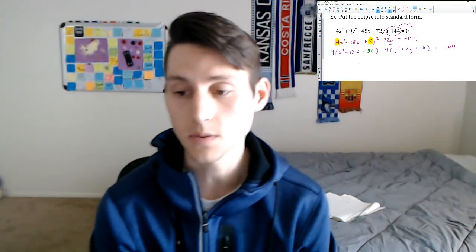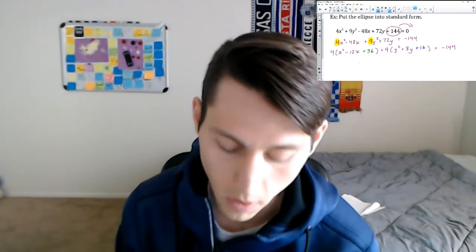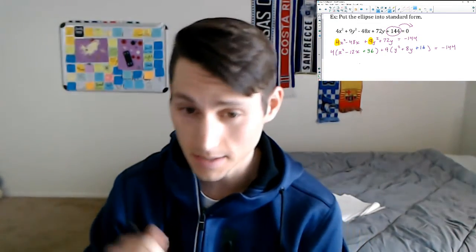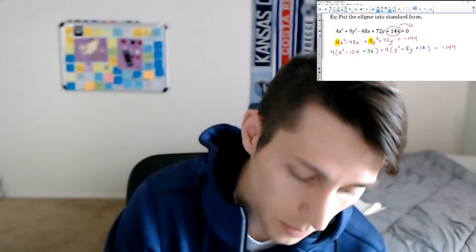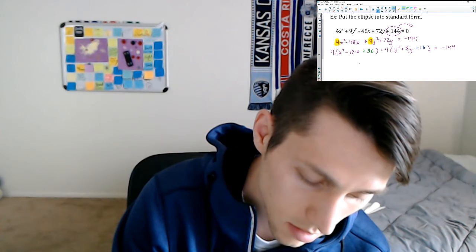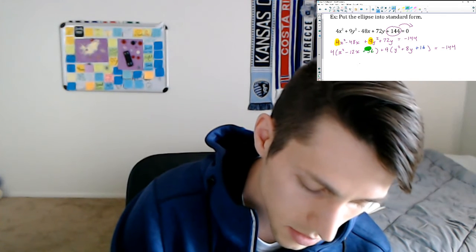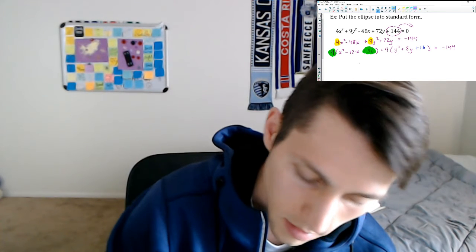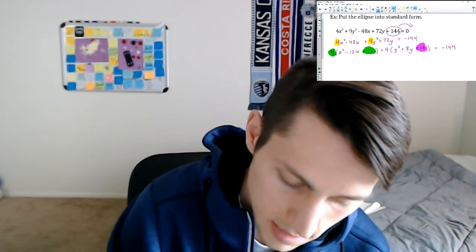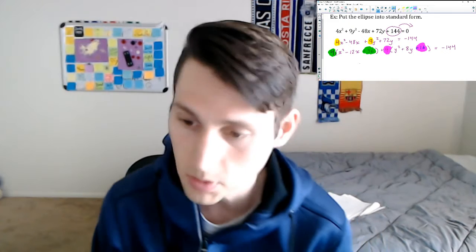And like I said in the last one, it's not that we want to just add 36 and add 16 to both sides. Now we need to actually think about this: the 36 is getting multiplied by 4, and the 16 is getting multiplied by 9.